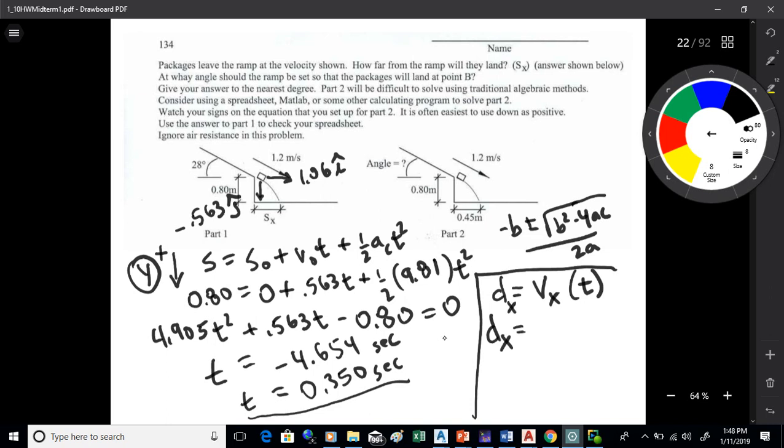And that's just my 1.06 times the time, okay? And that'll get me that distance, and it's about 0.371 meters. So that's how far the thing's going to go for this condition.